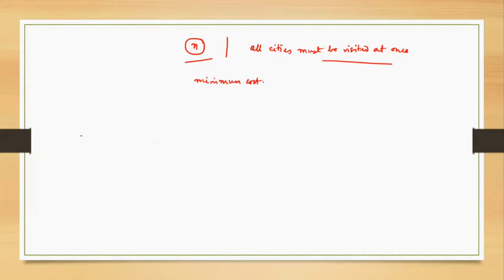Suppose a salesperson has to visit 10 cities, city 1, city 2, city 3, up to city 10. Suppose the salesperson started the journey from city 1.